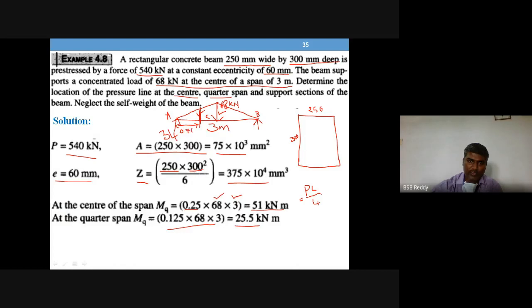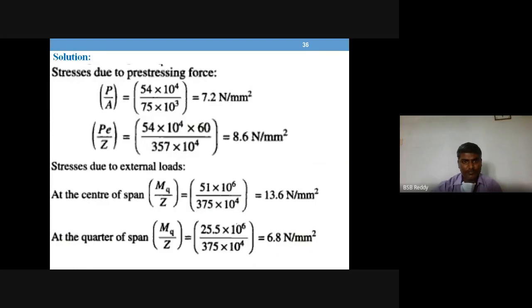Sum of all moments to the left of this section has only one force, 34 into 0.75, which is 25.5. So the bending moment at quarter span is 34 into 0.75 meters, because 3 meters is the total span, half of the span is 1.5 and half of that is 0.75. So these are the bending moments.